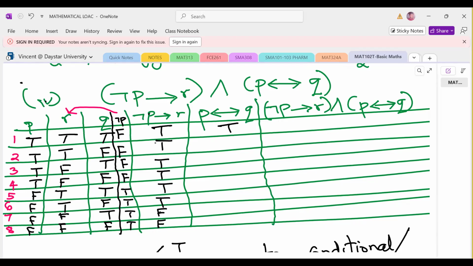F. And then this one here: T, F, F, T, F, T. Correct. Hope that will make sense.